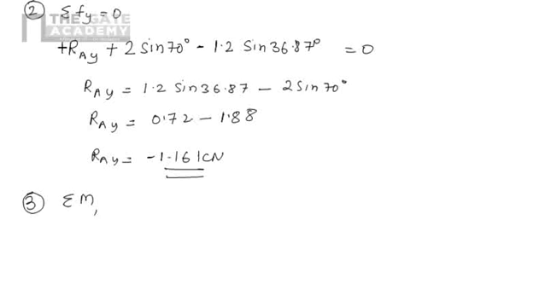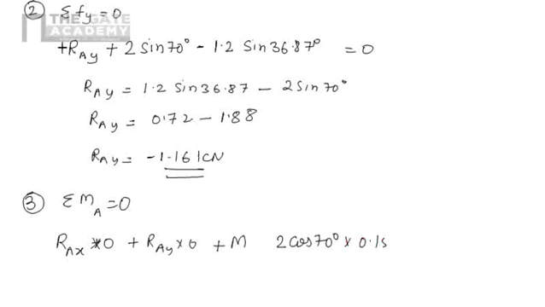Similarly, we can apply condition number 3, that is the algebraic summation of moments of all the forces about A should be 0. The moment at A due to Rax and Ray will be 0 because the perpendicular distance is 0. The moment M is already applied, it is in clockwise direction, so positive. The moment due to the horizontal component of 2 kilonewton is 2 cos 70 into perpendicular distance 0.15, and it is in clockwise direction, so positive.